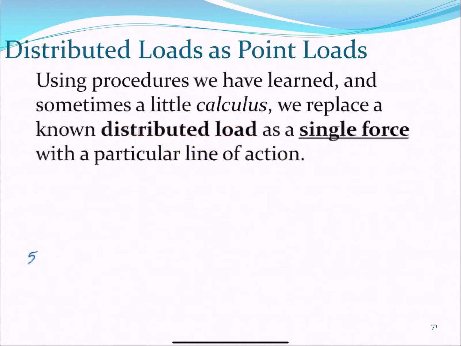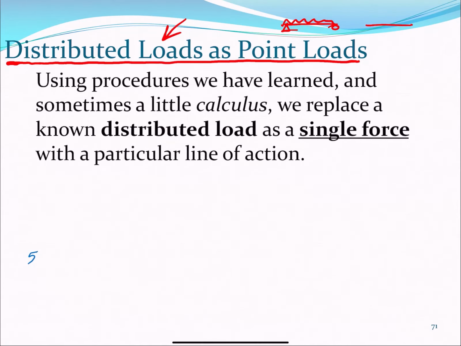So one of the things that we will review in this topic is how to express distributed loads as point loads. The only reason we do this conversion is because it is easier to deal with a single load than many small loads like this one, for certain purposes.